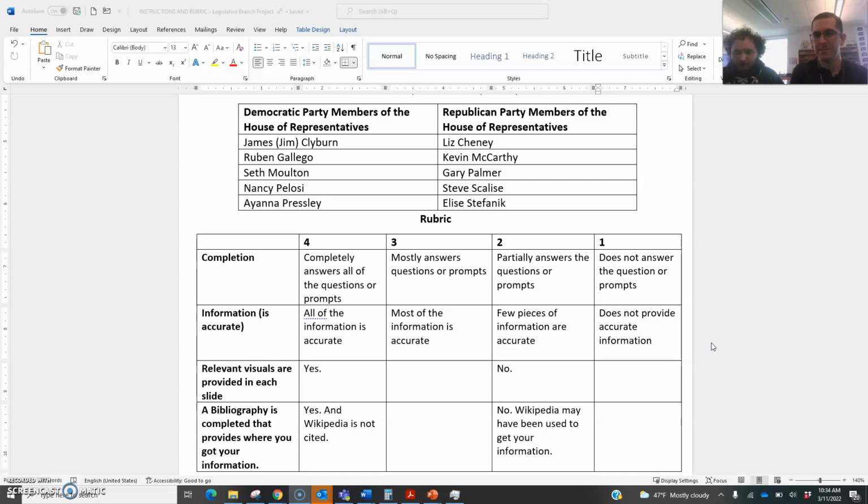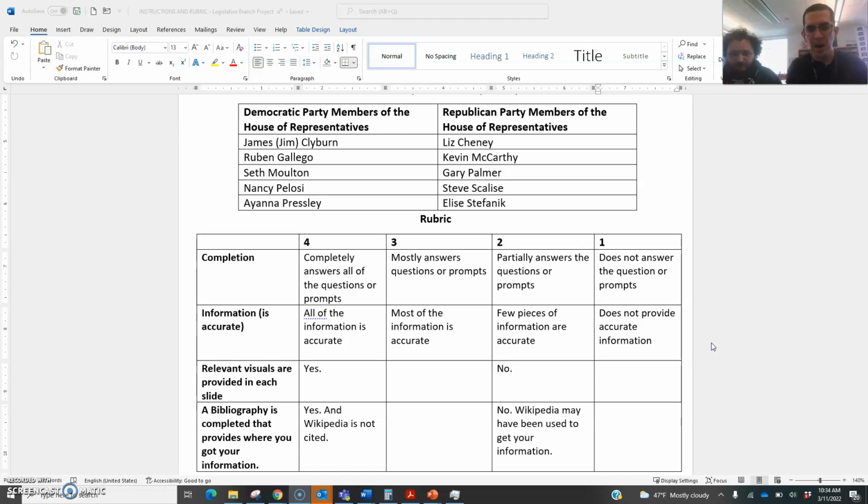So that's why we're encouraging you to stick to the representative's website if possible. Relevant visuals are provided in each slide. Yes, if you have the relevant visuals, then you get full points. Then bibliography. A bibliography is completed and provides where you got your information. So yes, and it is not Wikipedia as a cited source.